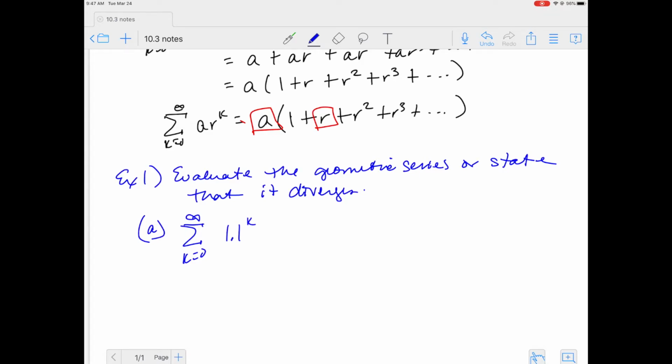Now, what is my base here? 1.1. That's my r, right? It's ar to the k. R is the base of my exponent. So in this instance, r is equal to 1.1. Now, what do you see about that? Yes, automatically greater than 1. So then this diverges and you're finished. There's no other work to do. This one diverges and we're done with it.